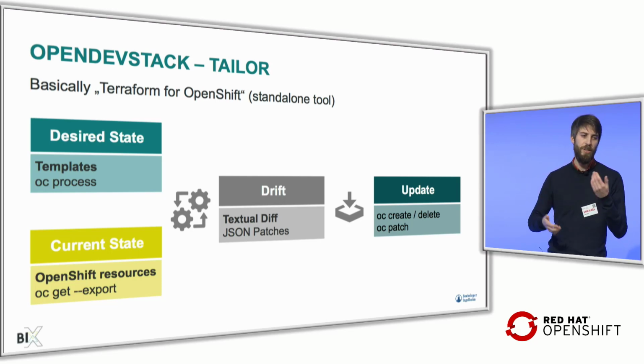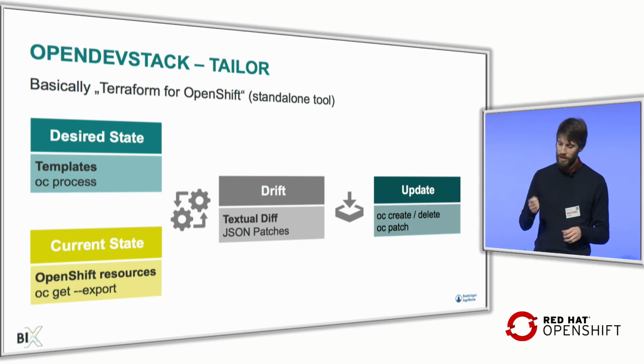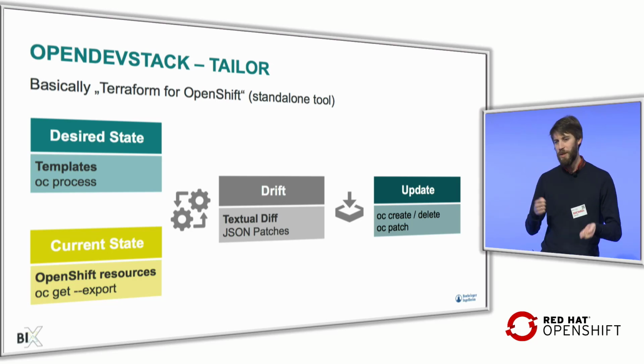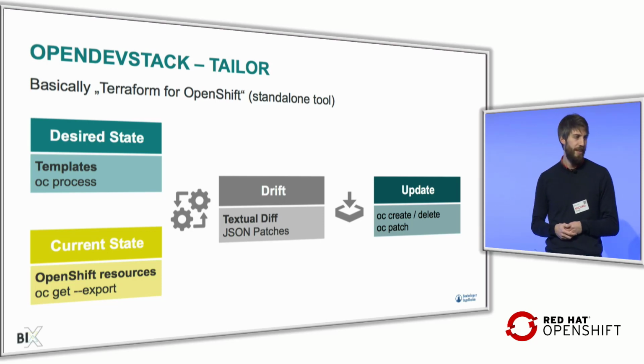So if you want to change the deployment strategy of a deployment config, you cannot do that with OC apply because it will not delete the other deployment strategy. So you will need to use OC patch, and OC patch is tricky to use if you don't have a tool that generates those patches for you, because you need to write them all by hand. So Tailor does it by itself. It figures out what to do and does that.